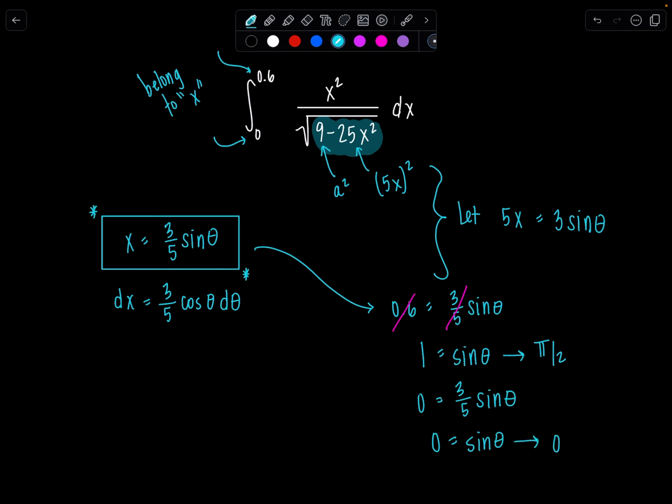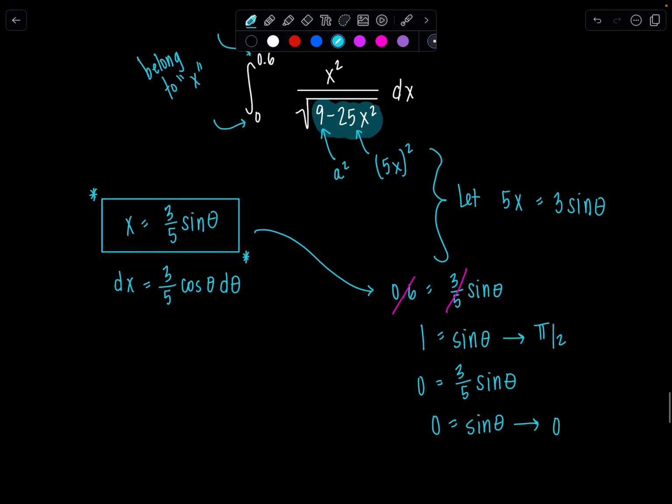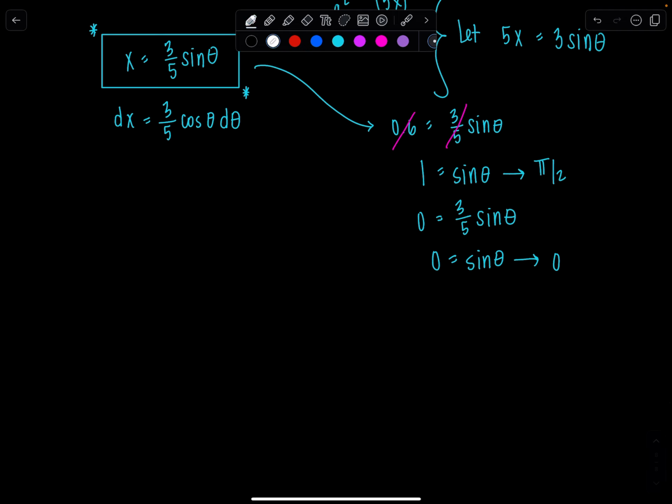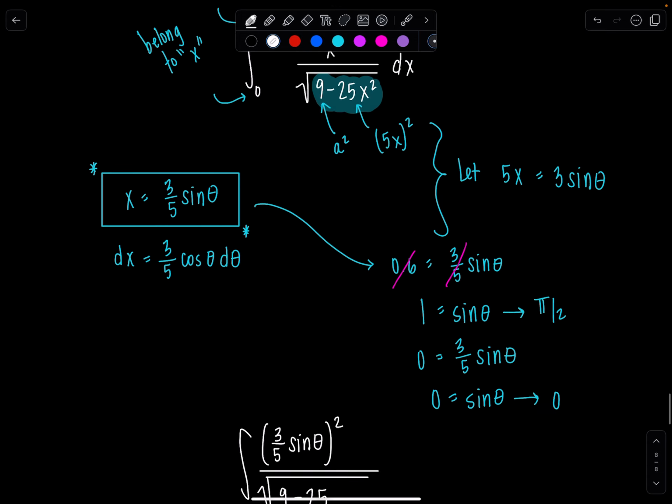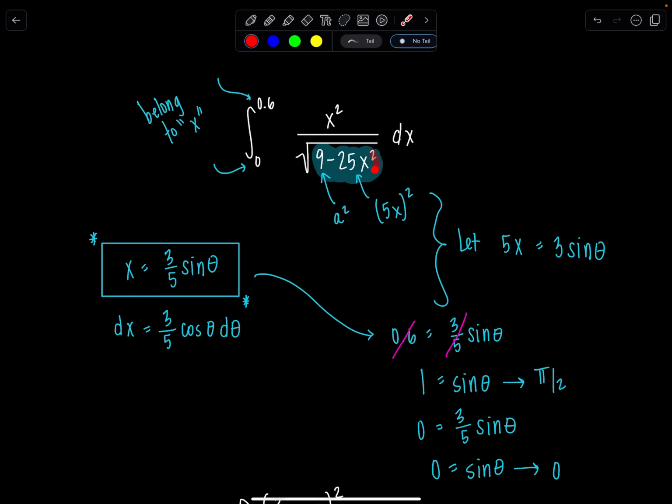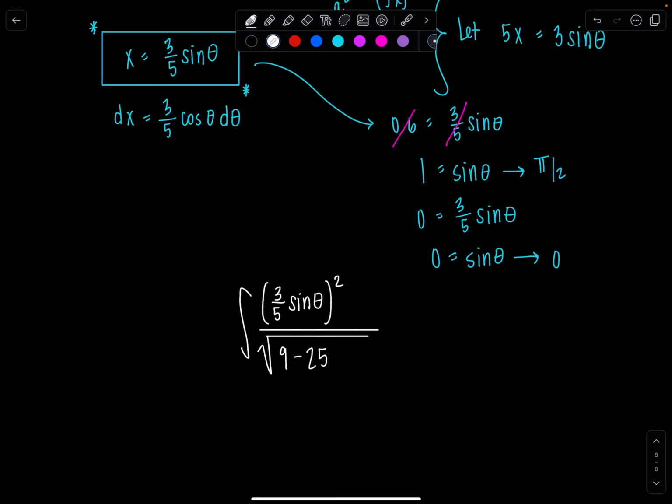So now we're ready to rewrite our whole integral in terms of theta. I have x squared in the numerator, so x is 3/5 sine theta, and that all gets squared, over, and then in the denominator we have square root 9 minus 25, x squared, this is x right here, 3/5 sine theta squared.